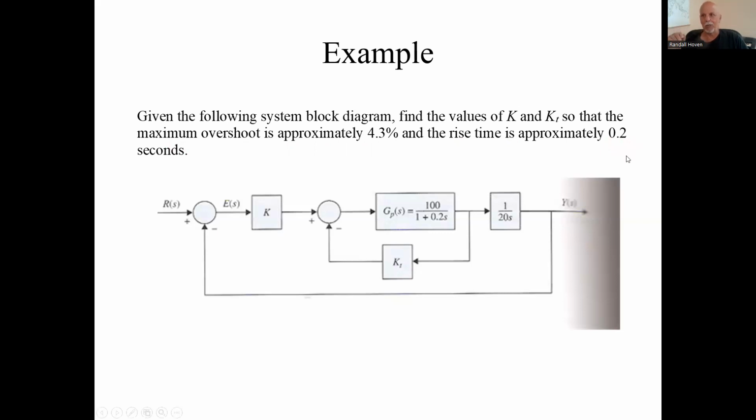And to give you a spoiler alert, this is a nicely spec'd problem because it gives you exactly two specs, which are exactly what you need to come up with those two parameters.